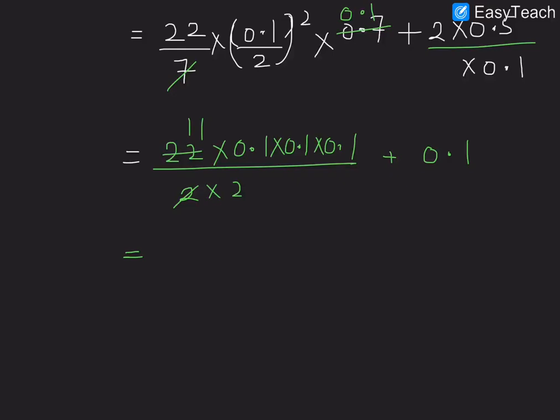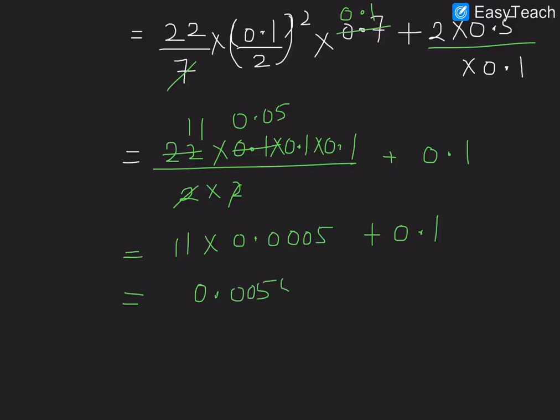So here you will get 11, so 2, 0.05, which gives you 11 into 0.0005 plus 0.1. This comes out to be 0.05055 plus 0.1, which is 0.1055 meters. So the volume is 0.1055 meter cube.